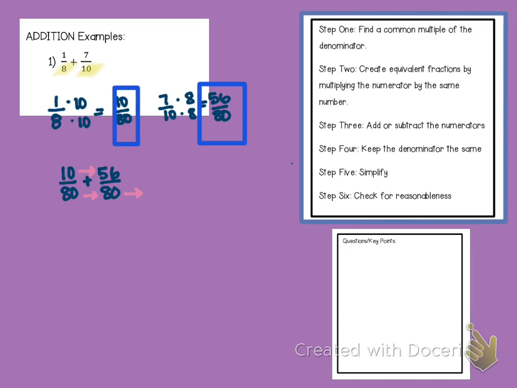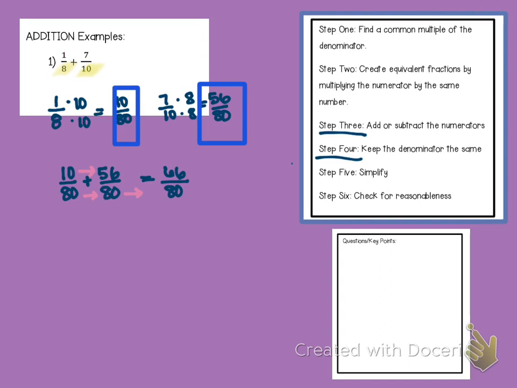So it says to add or subtract the numerators in step 3. So step 3 is 10 plus 56 is 66. And then step 4 is to keep the denominator the same.